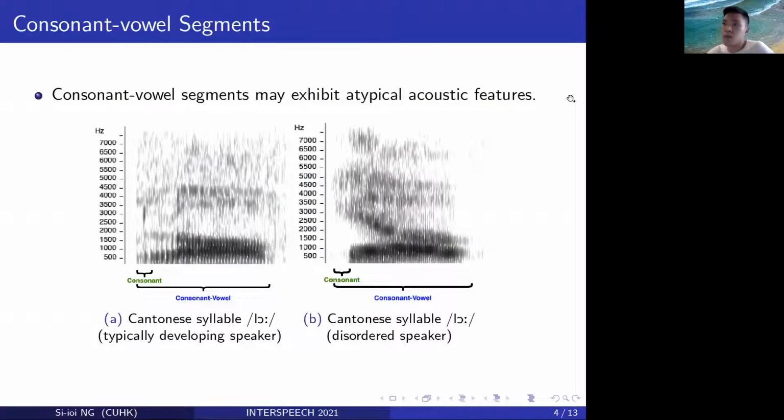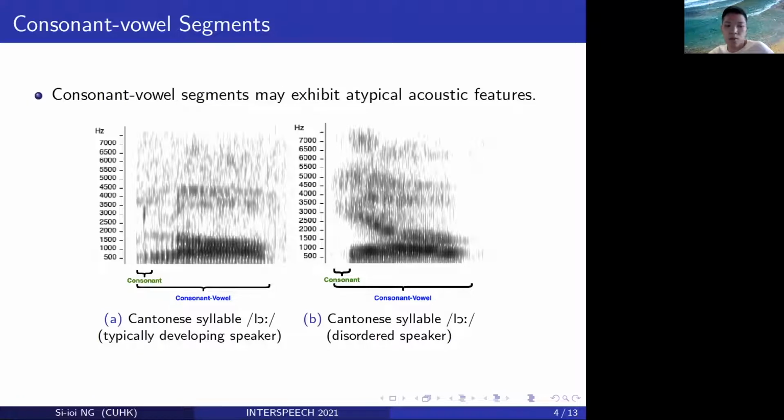It is known that the acoustics of the vowels can be affected by the preceding consonants, as shown in this example below. We have the same Cantonese syllables pronounced by a healthy speaker on the left and a disordered speaker on the right. By inspecting the spectrogram, we observe that there is a different phoneme transition in the vowel segments, and the reason is that the disordered speaker makes a substitution error in the consonant segments.